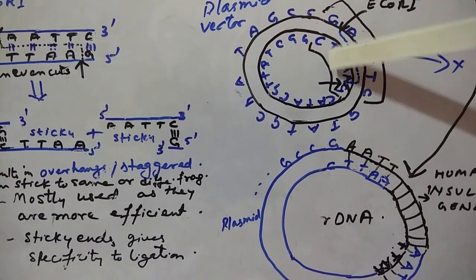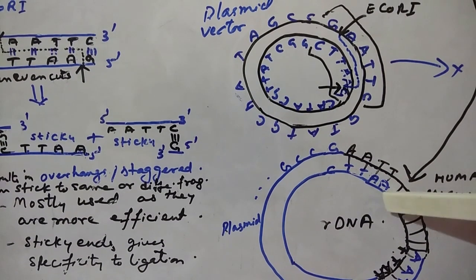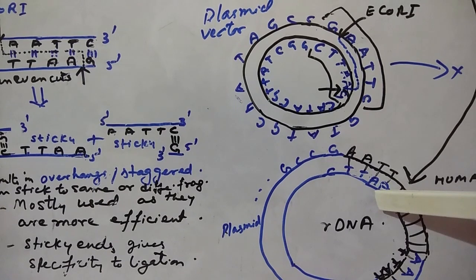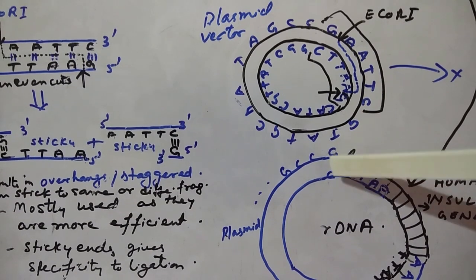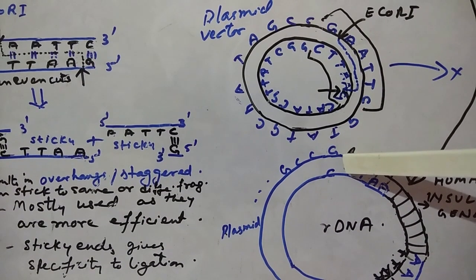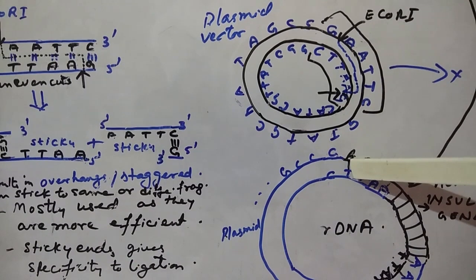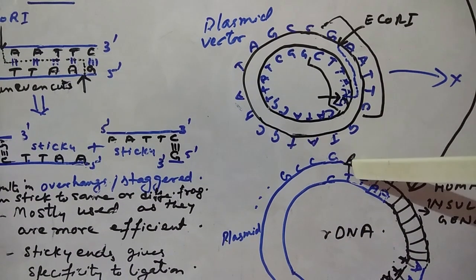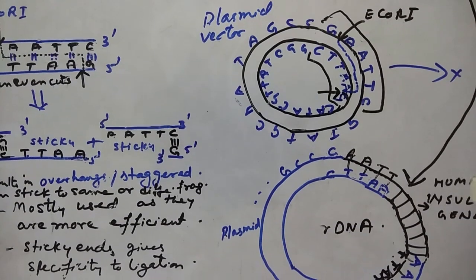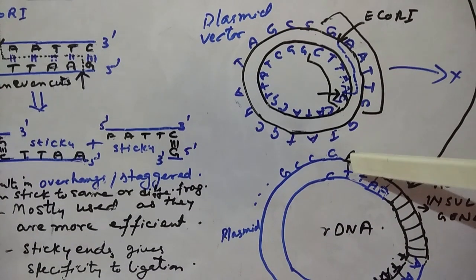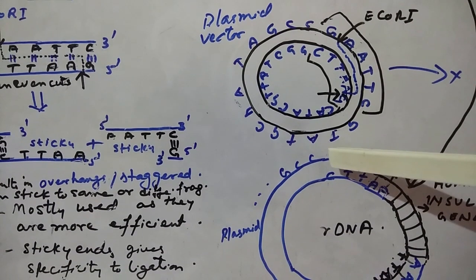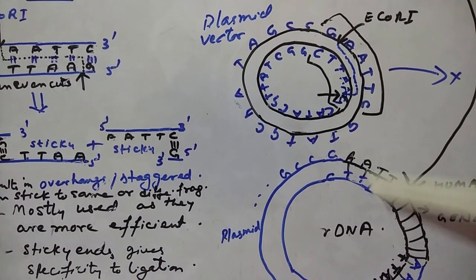And of course ligase enzyme is needed to join the phosphodiester bond between the plasmid's guanine and the insert insulin gene's adenine. That is called cleaving. That is called ligating. Ligation is happening because of enzyme ligase allowing formation of the phosphodiester bond.